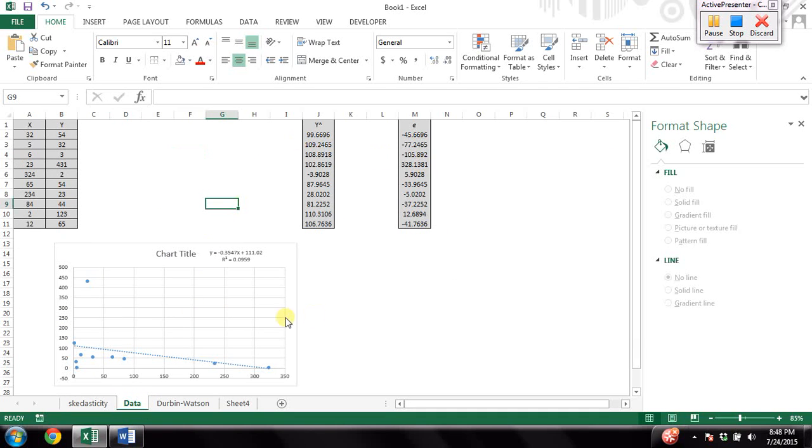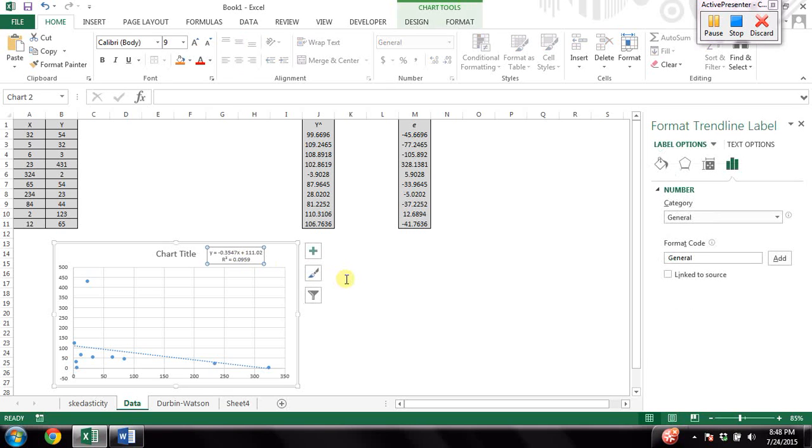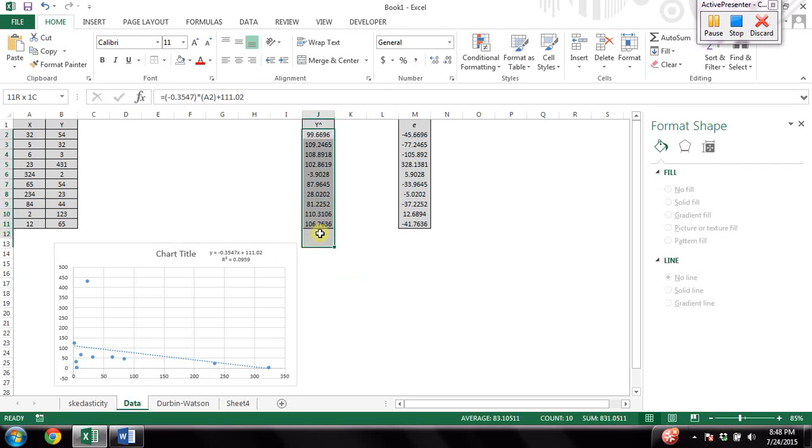So you should have this part already done. You should have your data for X, your data for Y. You should have charted it. You should have got an equation for that. You should now have your Y hat. Just to make a note, it's pretty easy to compute these values.